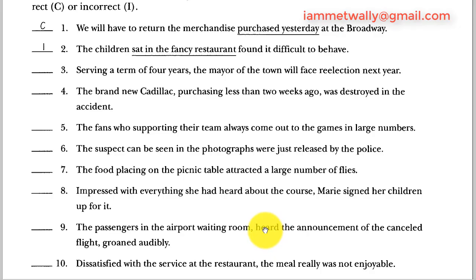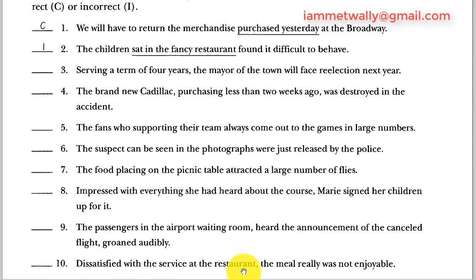The original one should have been like this: the passengers in the airport waiting room who were hearing the announcement. Then I remove "who" and I remove "were," so I should be left with "hearing," not "heard," because heard is a verb. So I don't have a verb. I should have the reduced form, which is hearing. So this sentence is incorrect. Heard should be hearing.